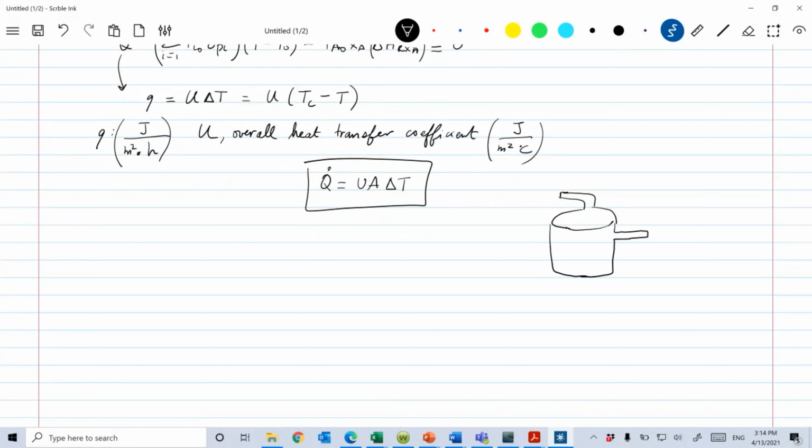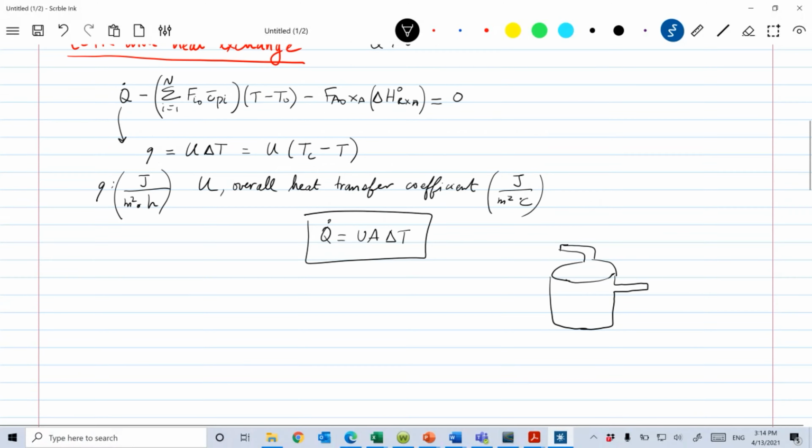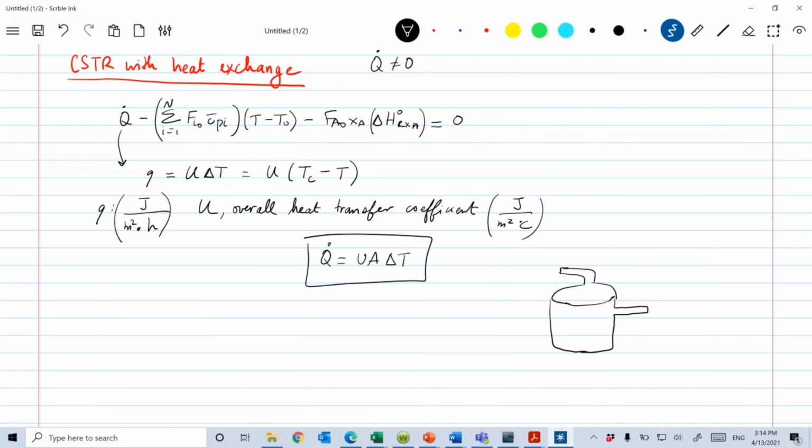Dr. Denard? Yes. Where's the time component coming from? When you're multiplying U by just temperature, where do you get it in per hour for Q? Let me take a look.